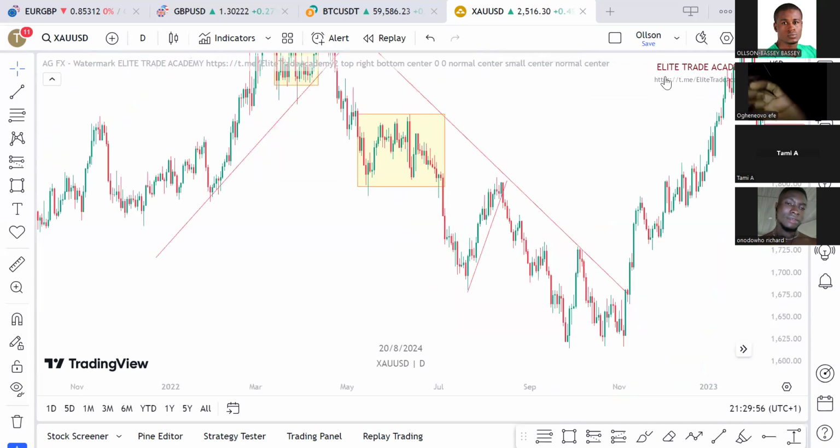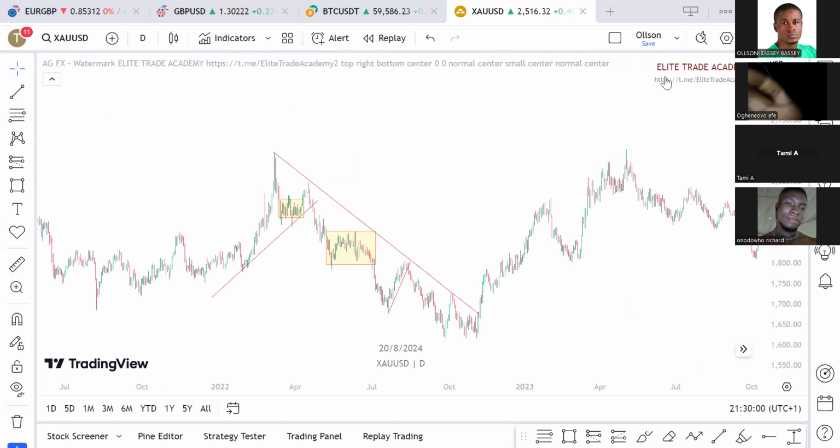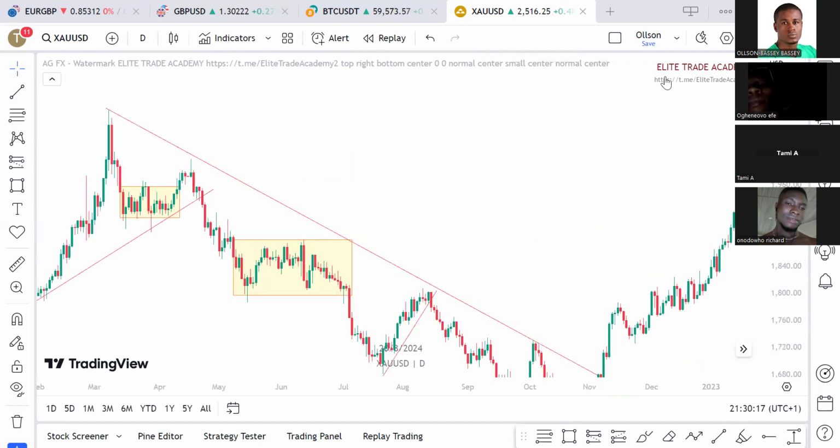So I would like the new students, please, to do something. Some of us have already spotted the price movement, but I would like you to draw your trend line, spotting your direction correctly. Now, how do you draw a trend line?